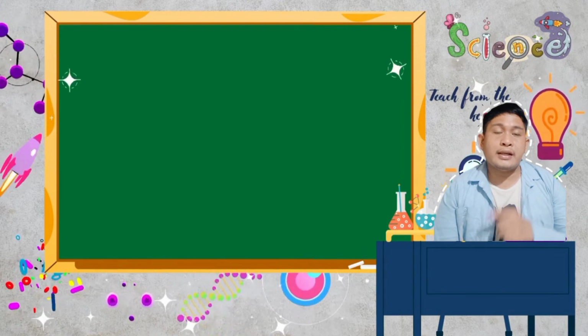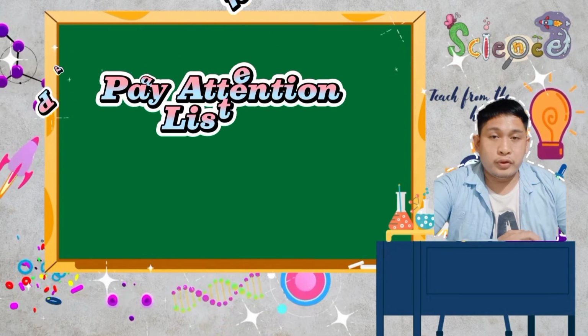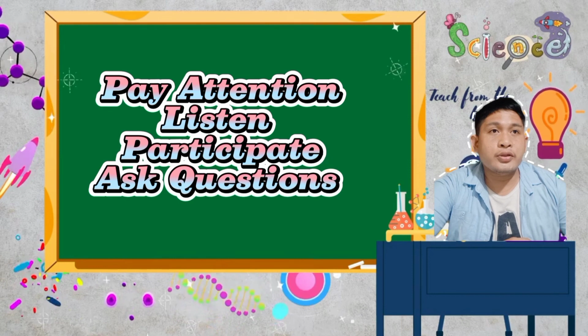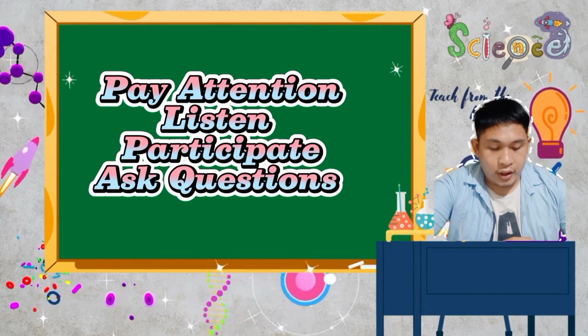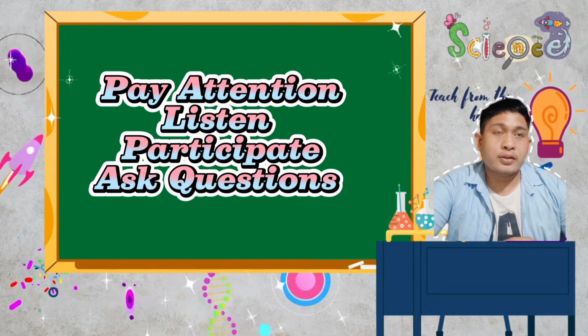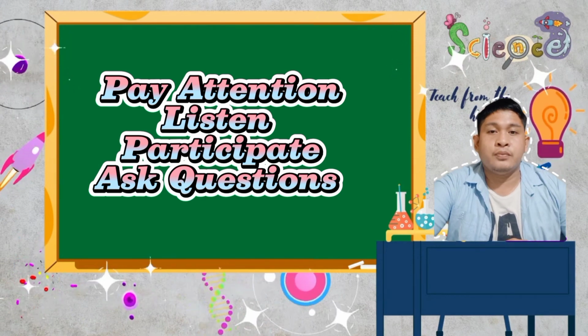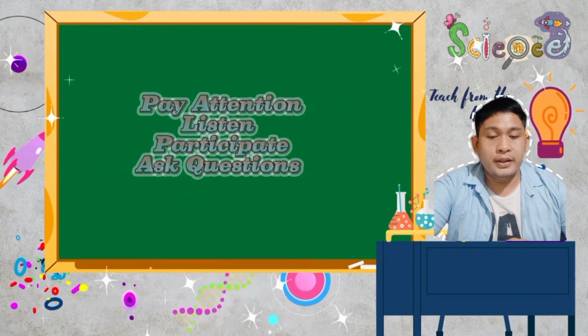The rules I require are that you pay attention to my discussion, listen, and also participate or ask questions if you do not understand. I hope that is okay, guys.